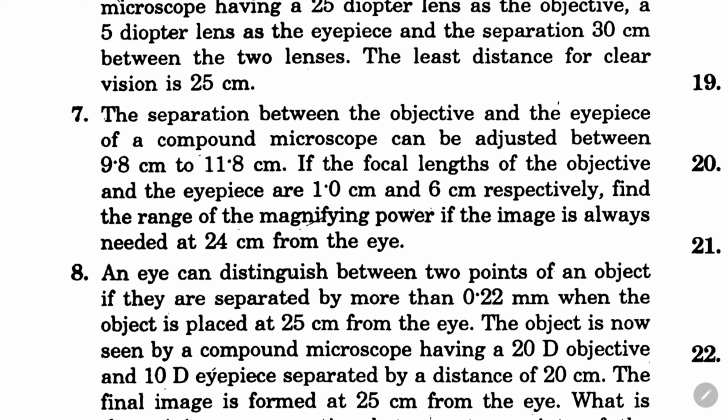Now in the seventh question, the separation between objective and eyepiece is given. The focal lengths of objective and eyepiece are 1 and 6, and we need to find the range of magnifying power if the image is always needed at 25 cm from the eye.